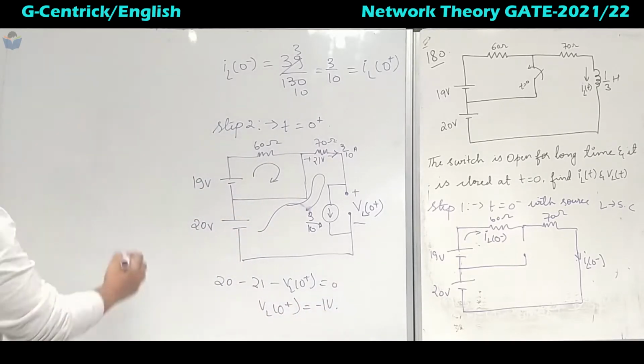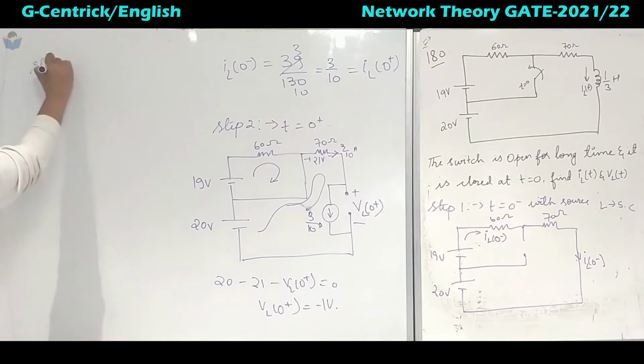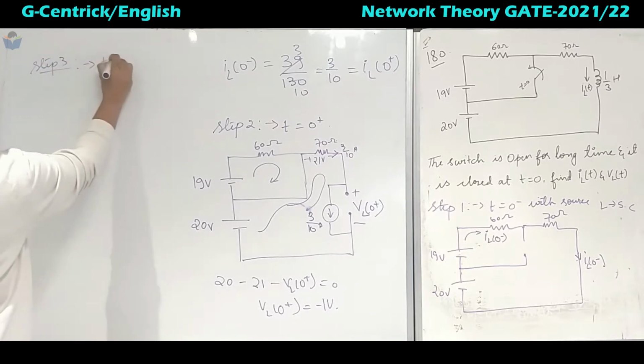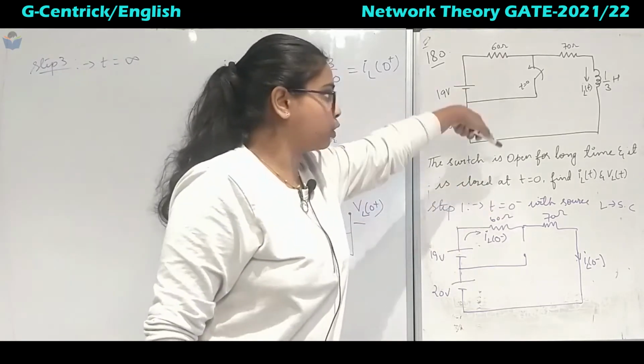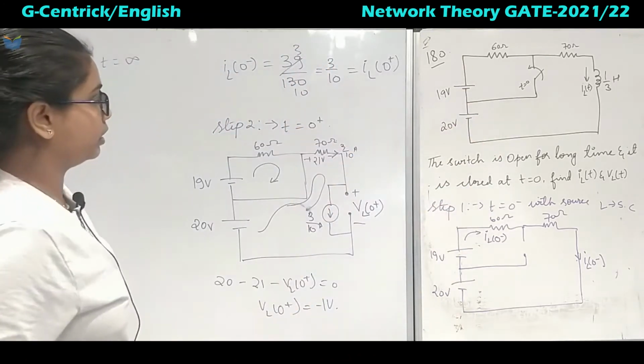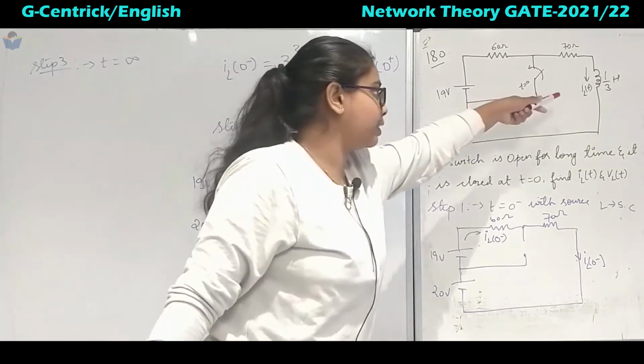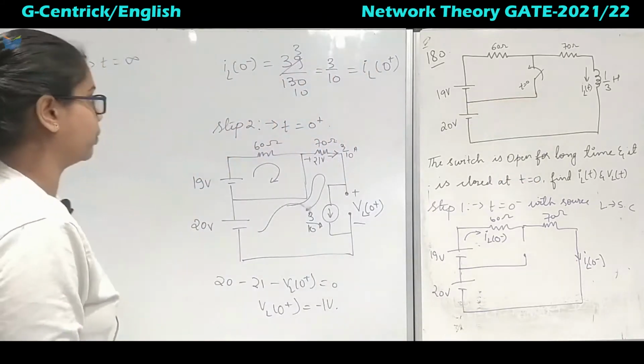Next, coming to step number 3, what we have to analyze is t equal to infinite. At t equal to infinite, the switch is still closed and it is still with source, so the inductor will be short circuit.